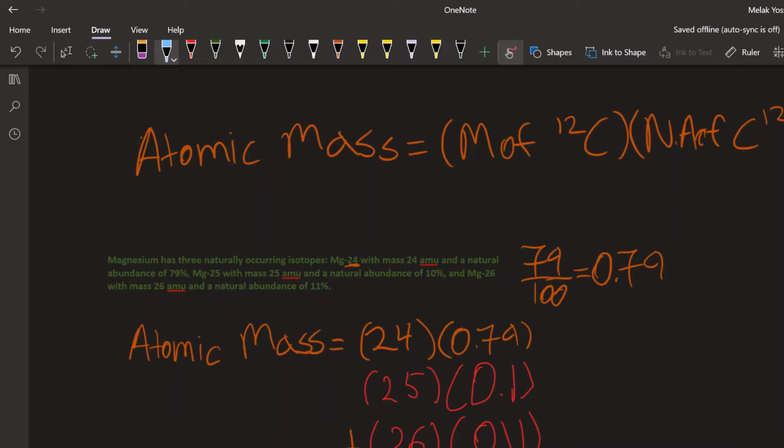Now, if we put these values in our calculators, 24 times 0.79 is equal to 18.96. 25 times 0.1, multiplying by 0.1 is like dividing by 10, so it will be 2.5.